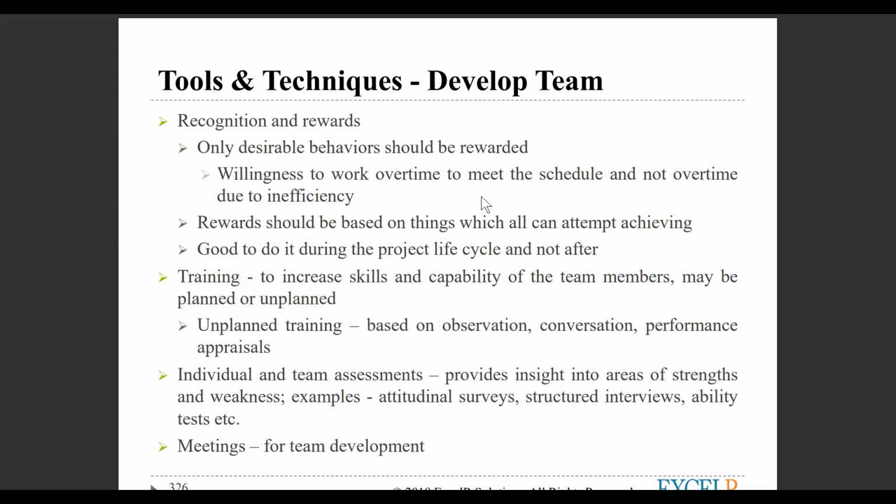And you have to plan your resources for trainings. Let's say, for example, some of the team require training on some tools which they are not aware of. Then you need to ensure that your training plan is in your project. It should be part of the project plan.